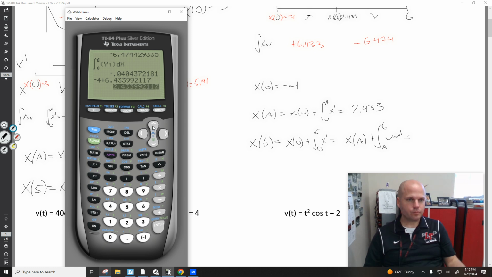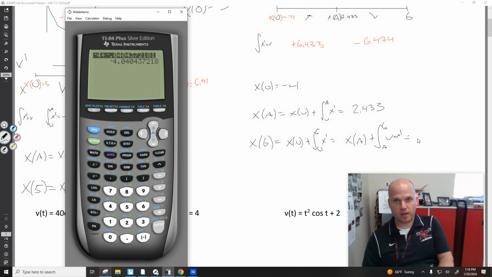Regardless, I already have that x of 0 is -4. I just calculated my overall displacement. Here's one way to get the answer. Okay, there's one way to get my finishing position.